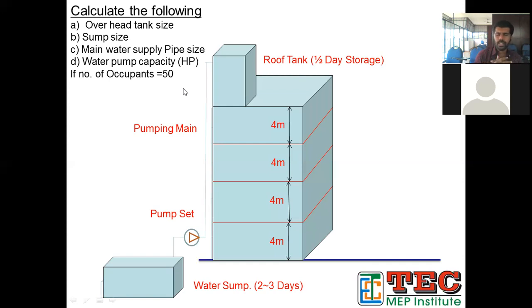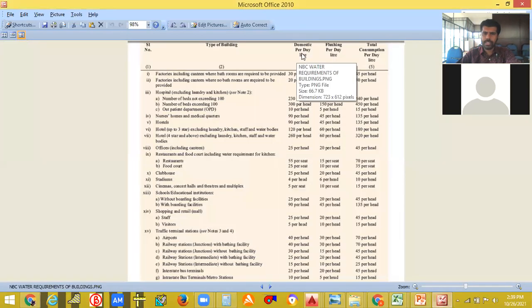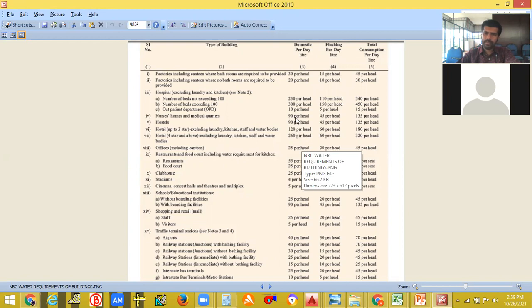So here, with respect to NBC, we know that for a nursing home and such, for the domestic purpose, we can have 90 liters per day. Here I am just taking 100 liters per day as an assumption, just increasing by 10 liters per head.